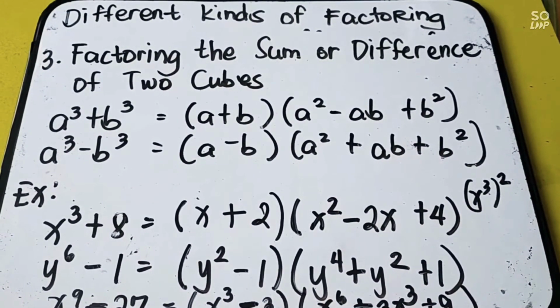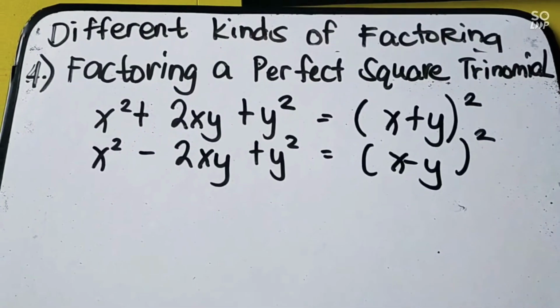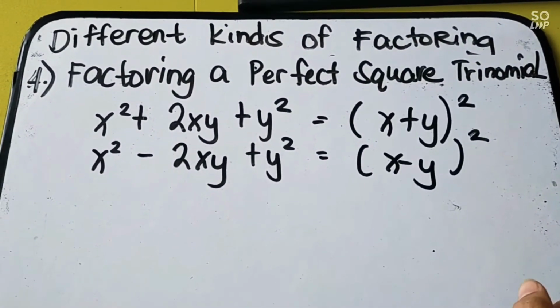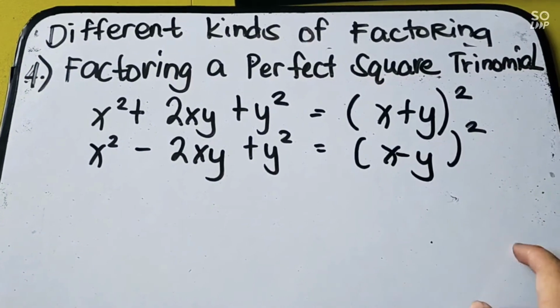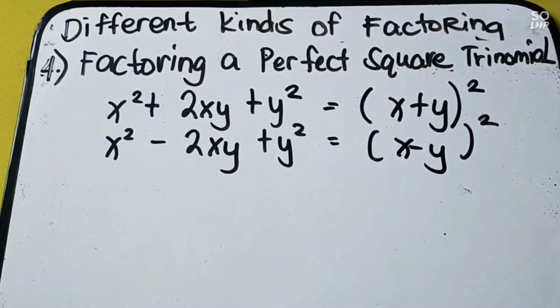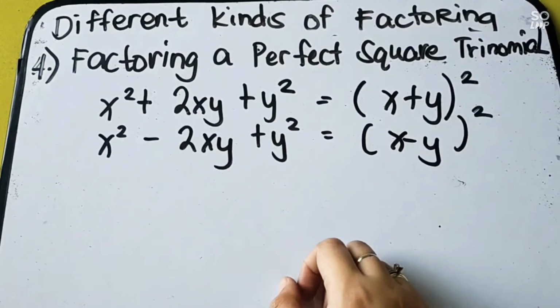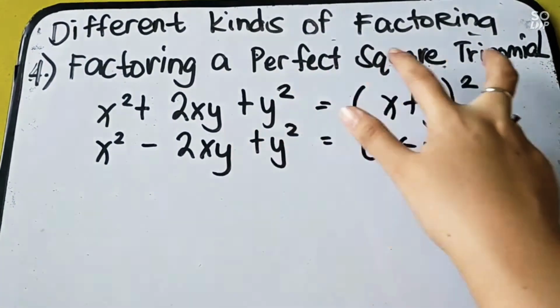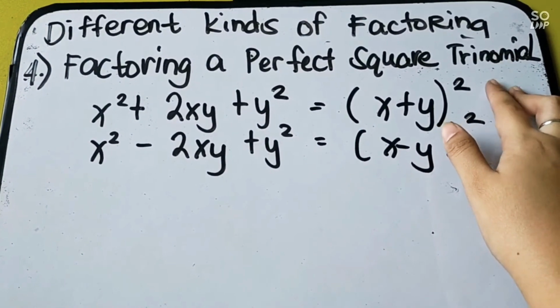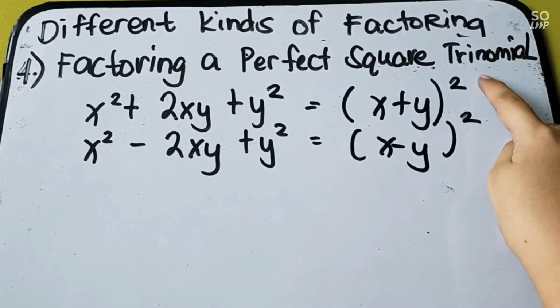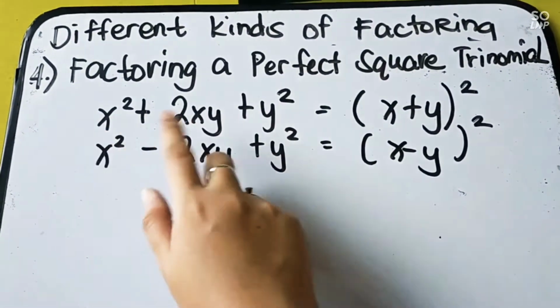Let's move with the next one. Factoring a perfect square trinomial. So, that's the fourth one. So, we have here the pattern of x squared plus 2xy plus y squared. So, perfect square trinomial. How will you say so that it is a perfect square trinomial? So, trinomial, 3 terms tayo dapat ang given.